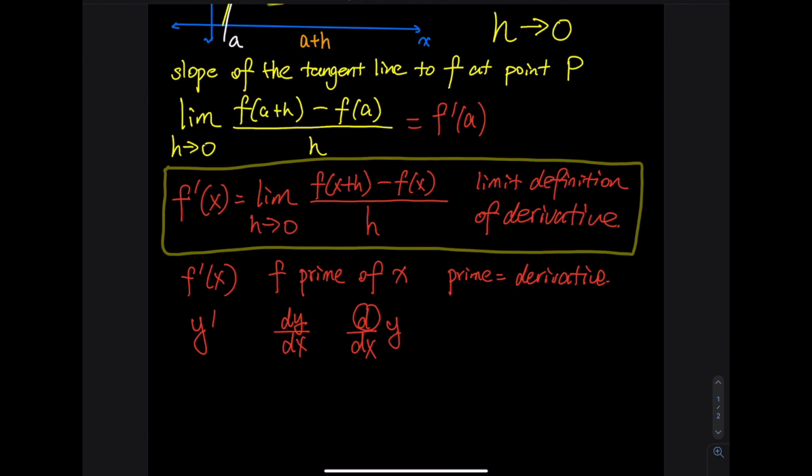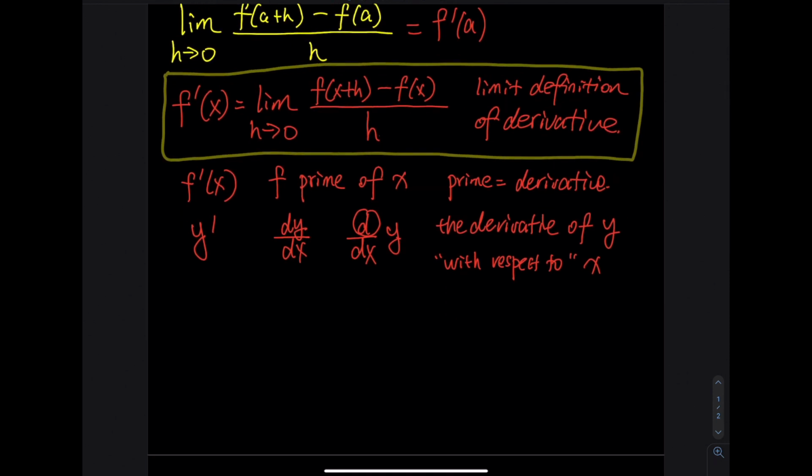I use the words the derivative of y with respect to x. What does with respect to mean? With respect to x means we treat x as an independent variable. Of course, there are a few more ways to write it.